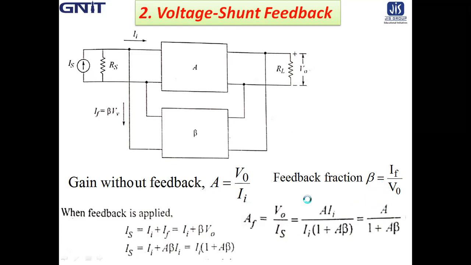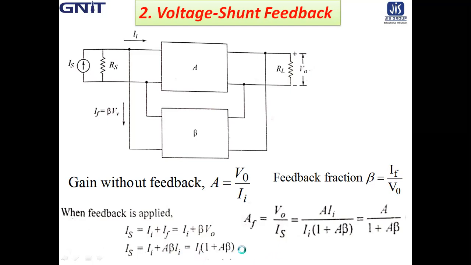So when feedback is applied, Is equals Ii plus If, which is Ii plus beta into V0. Therefore, Is equals Ii plus A beta into Ii, which is Ii into 1 plus A beta.